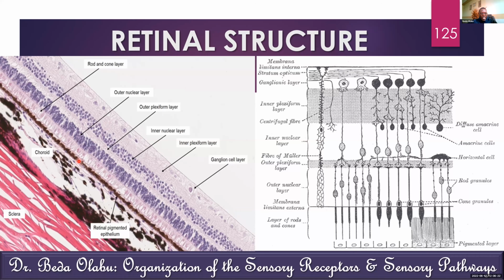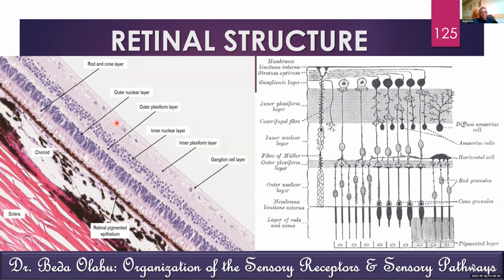Okay, so if this was layer 1, pigment epithelium, layer 2, photoreceptor layer, layer 3 we skip, layer 4, outer nuclear layer, layer 5, outer plexiform, layer 6 is inner nuclear. So we are now on layer 7. Layer 7 is what we call the inner plexiform layer, a point of synapse between the first order neurons and the second order neurons. Remember, first order neurons are bipolar neurons. Second order neurons are the ganglion cells.